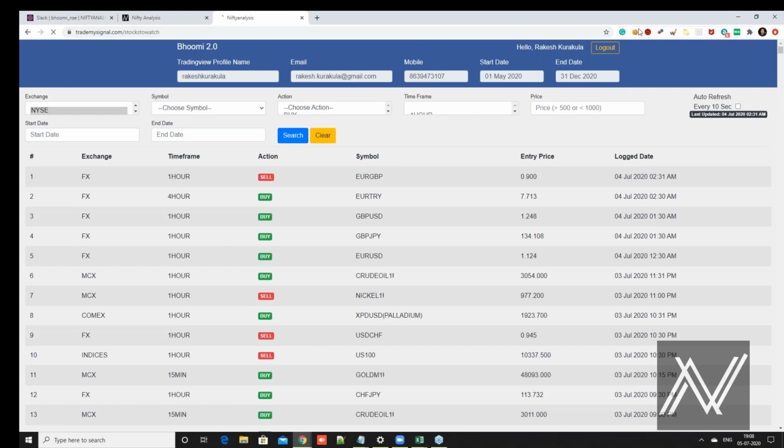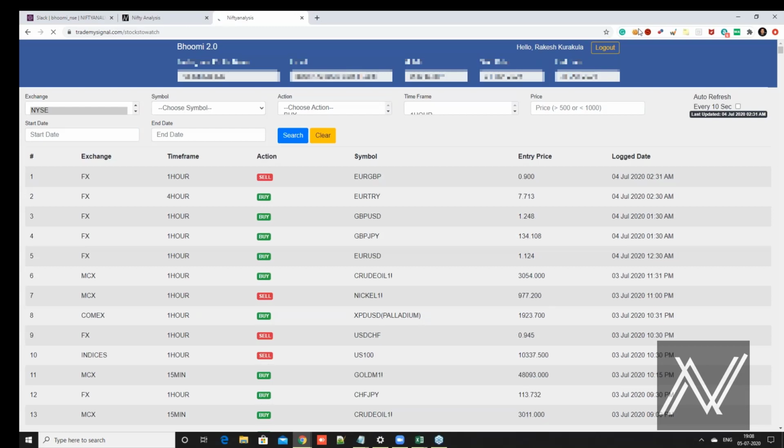Once you get access, whatever Karthik has shown us until now is the front end of it. How does BHOOMI look? What are the labels? What are the zones? What are the different breakout and reversal levels that we have to look at on the chart? While we are so engrossed in these charts, looking at them and learning from the candlesticks and all those lines that you see, what we are missing is the stock screener.